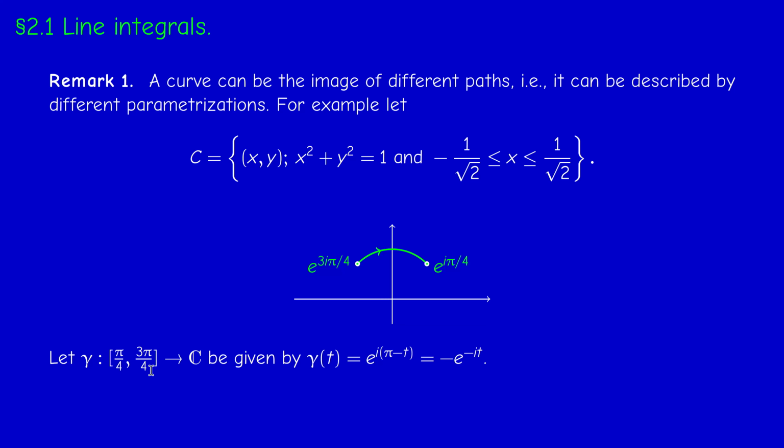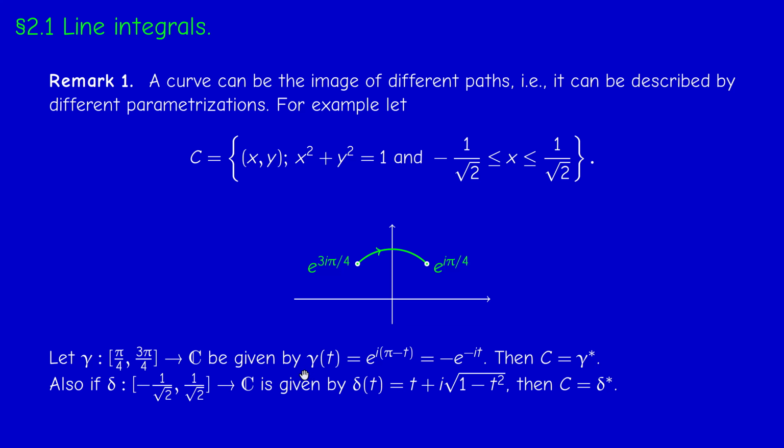And when t equals 3π/4, this becomes e^{iπ/4}, so we are here. So this is the clockwise orientation. If you like, it's minus cosine t plus i sine t.